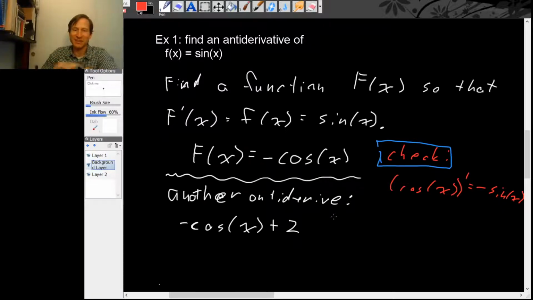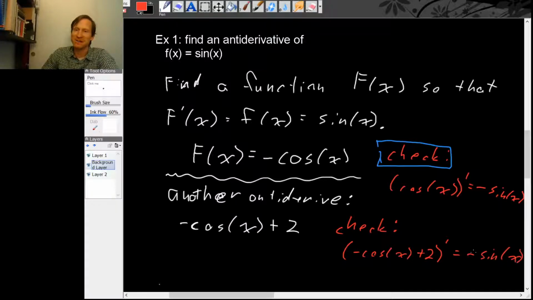Well, we can check if this is really an antiderivative or not just by taking a derivative. If we take negative cosine of x plus 2 and take its derivative, what do we get? We get negative sine of x. Sorry, positive sine of x. So negative cosine of x plus 2 is also an antiderivative for sine of x.